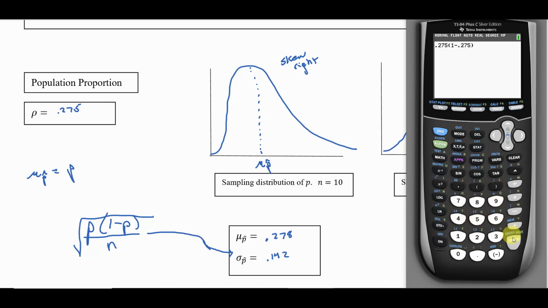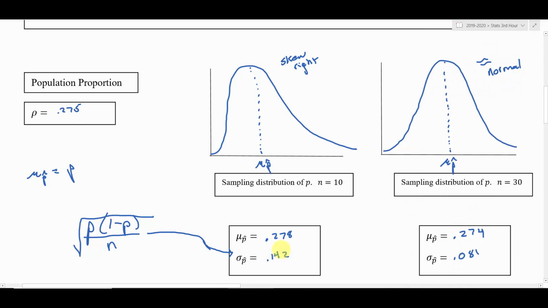And I'm going to hit enter. So that's the top of that fraction. I'm going to divide by the sample size, which was 10. That's the number inside of the square root. So now I just have to take the square root. The square root of 0.0199 is 0.141, and that's really close to what we got here. So you can see that calculation works.